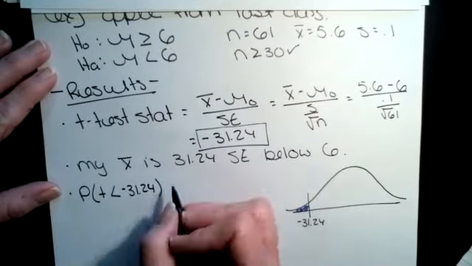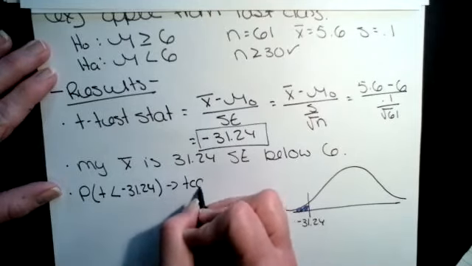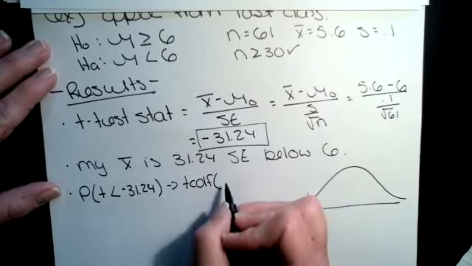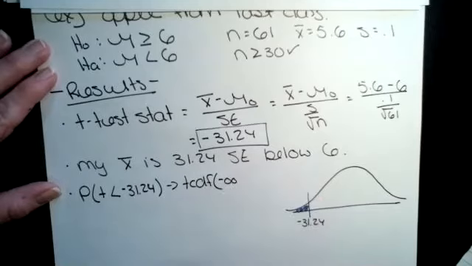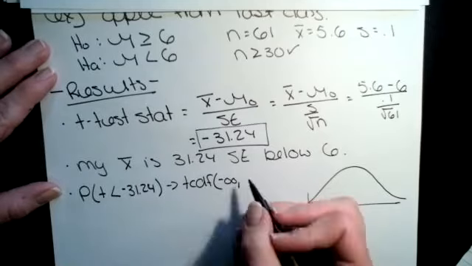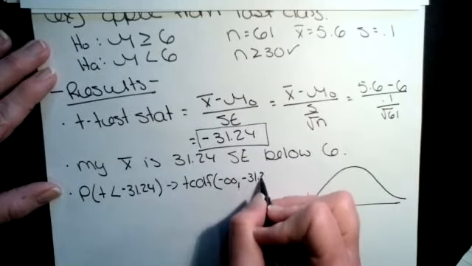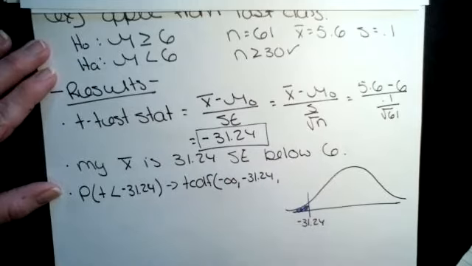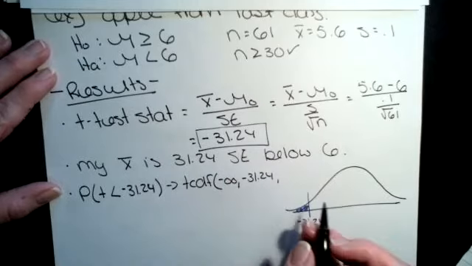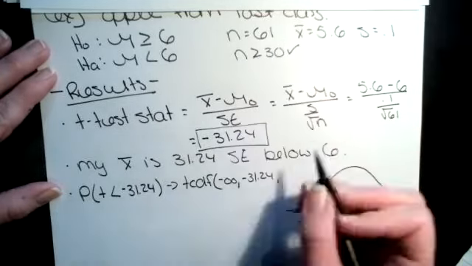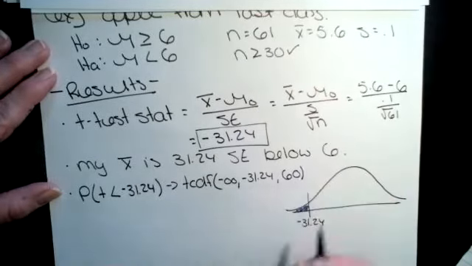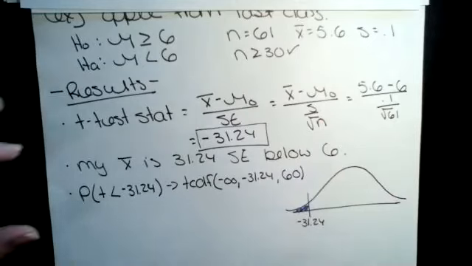Okay, so here I'm using TCDF. My lower bound is negative infinity or negative 10,000, whatever, and up to negative 31.24. And then remember, I need degrees of freedom. That's n minus 1, n is 61, so 60. So I plug that in.